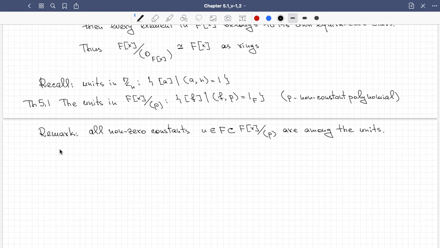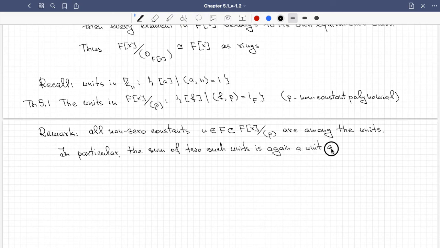So in particular, the sum of two such units is again a unit if non-zero, because F is a field.